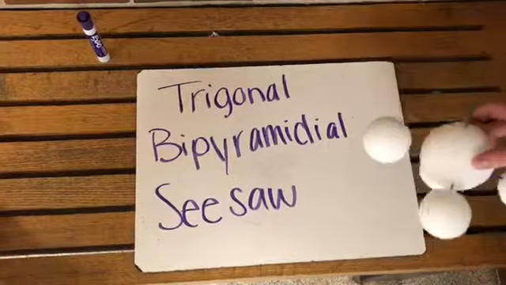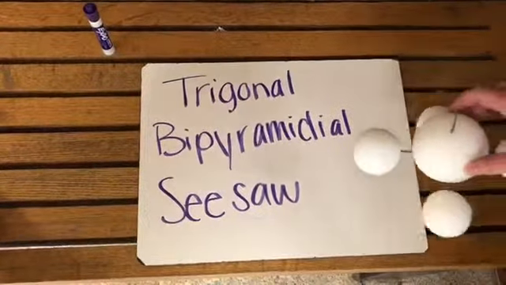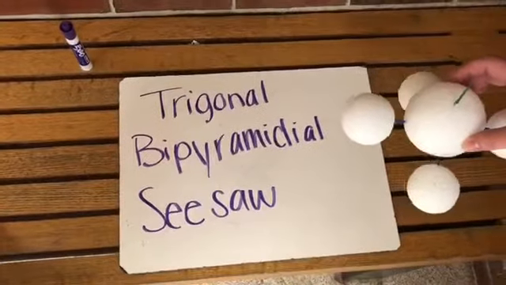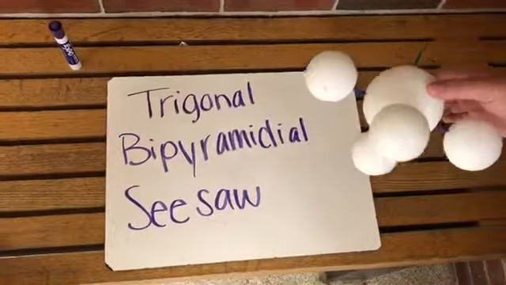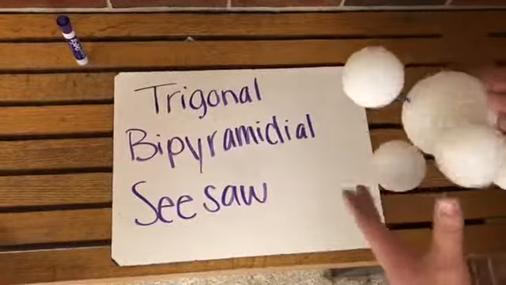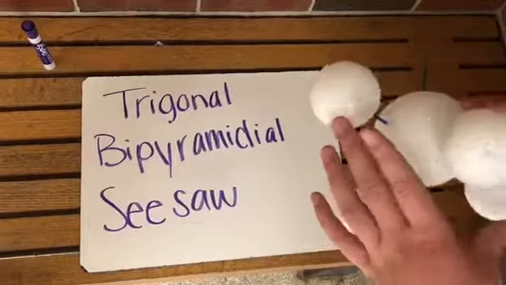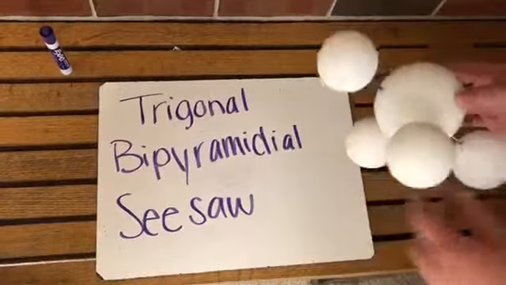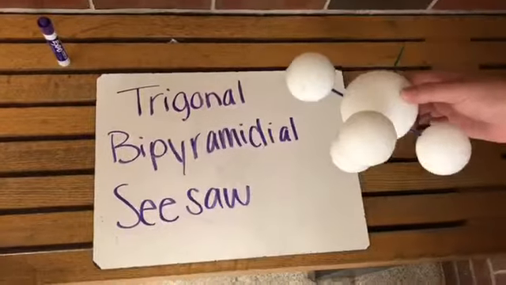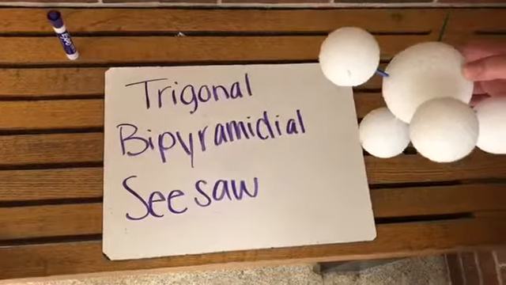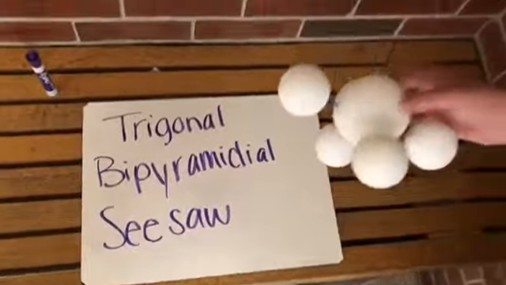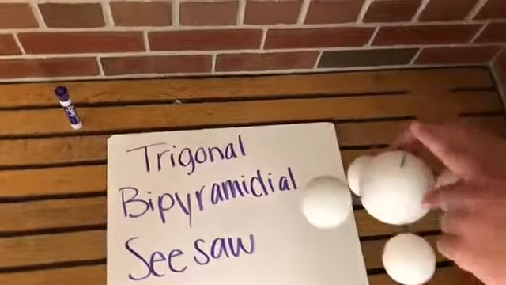And this happens because of the repulsion from the non-bonded pair at the top. And this is polar because the center of the negative charges is just below the center of the positive charge. And it is part of the dsp3 hybrid orbital because it has 5 electron domains around the center atom.